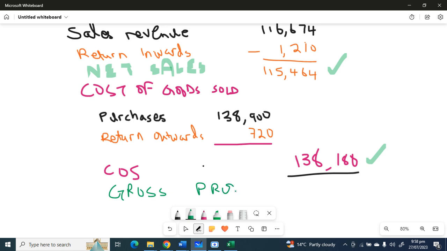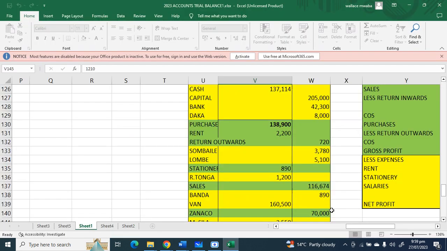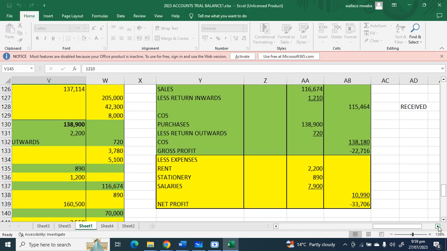What's our gross profit? Yes, I believe it was a loss in this one. Let me check in my track. Yeah, I believe it was a loss. We made a loss in this one.